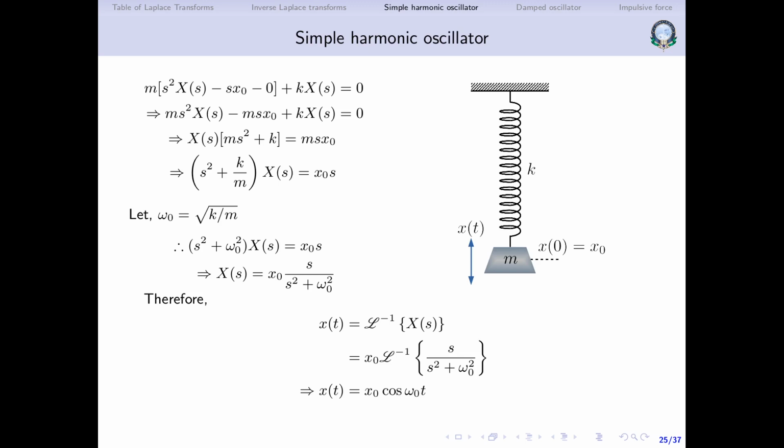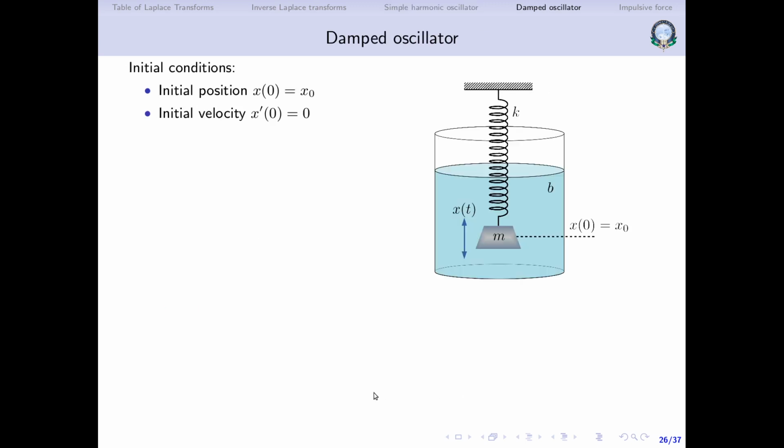Zero velocity means it must be at its extreme position, which is a feature of the cosine function. So what we have got here is the correct expression of the physical reality we are talking about. And you can notice that we have not solved any differential equation at all. We just referred to that table and we got the answer.